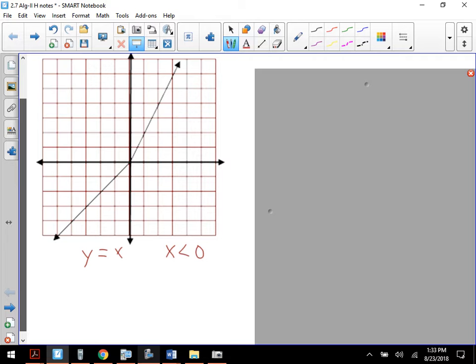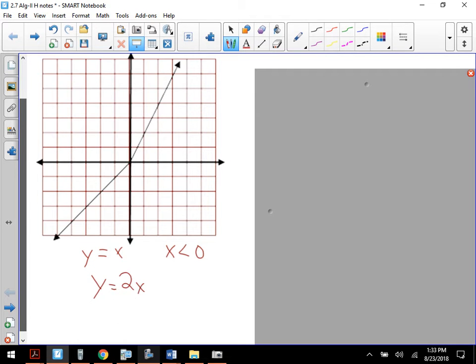Now, it'll become more clear as far as whether it's going to be a less than or a greater than or a less than or equal to or greater than or equal to as we go along. But I just want to show you what it looks like, how domains change, and how the ranges change in relationship to the domain. Now, to the right of 0, the slope changed, didn't it? What's the slope become now? 2. So the equation after you hit 0 is y equals 2x.